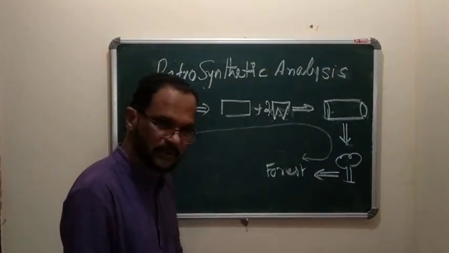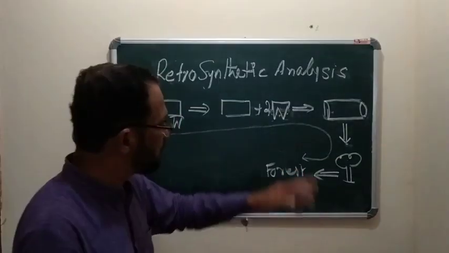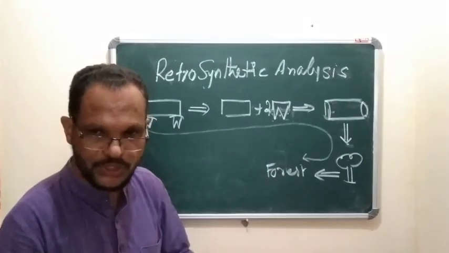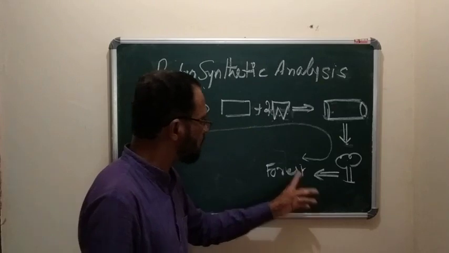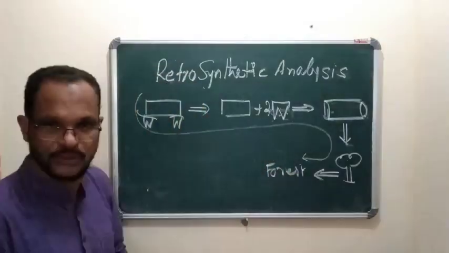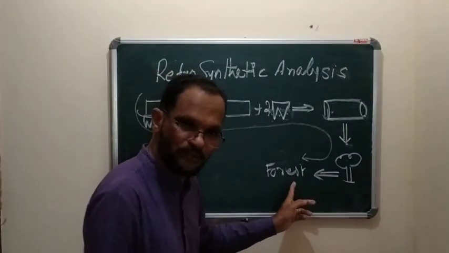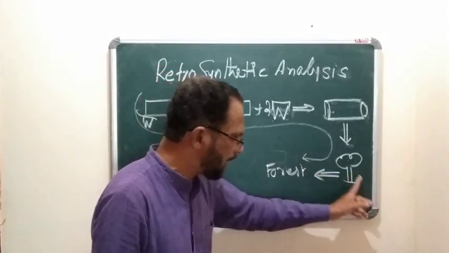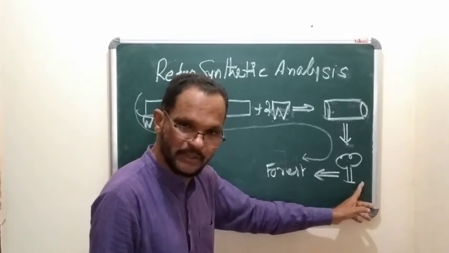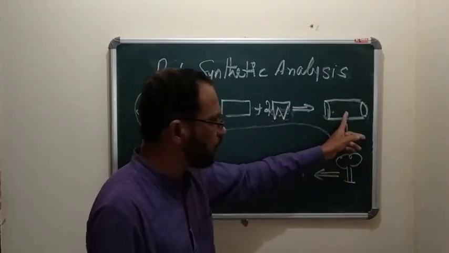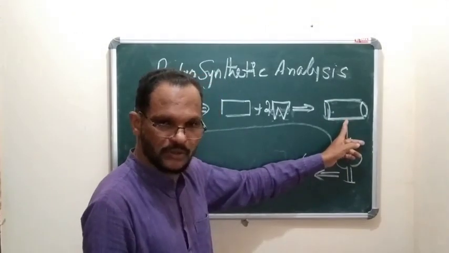But after this you have to synthesize the molecule, that is the synthetic part. For synthesizing or making a bench, you have to go to a forest and identify a suitable tree. The tree is cut into pieces or wooden logs.